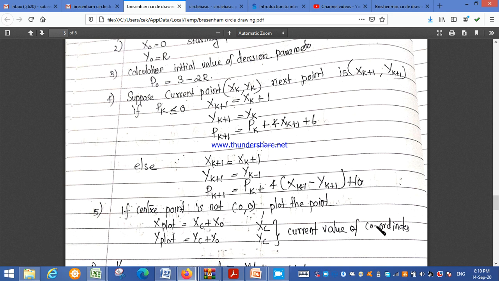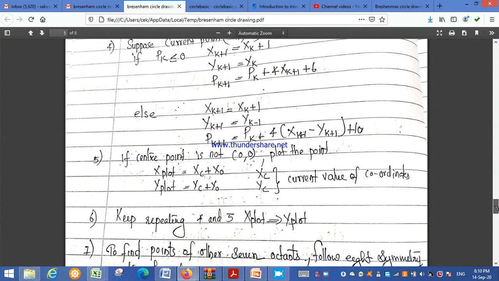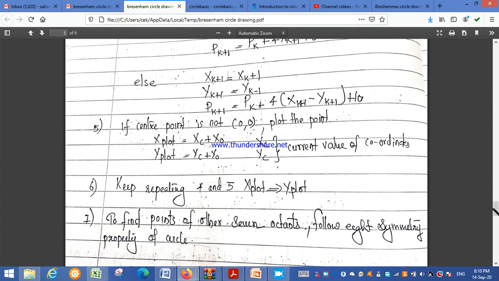That is, the current value of your coordinate is xc, yc. Then you add x0 to xc and y0 to yc in order to get the correct location of that circle. Then according to the 8-way symmetric property of the circle, you have to find the other 7 octants corresponding to this x plot and y plot.